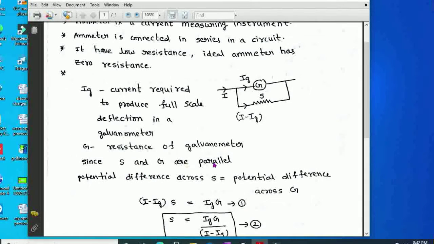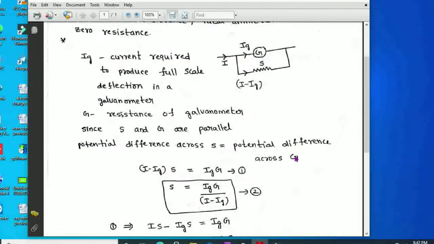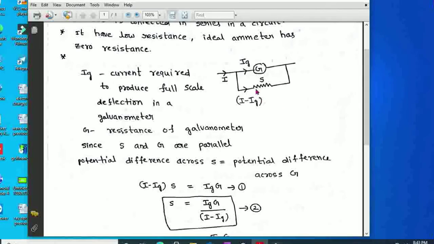Since S and G are parallel to each other, the potential difference across these two will be same. Now the potential difference across S is equal to the potential difference across G. The potential difference across S is the product of current and resistance.